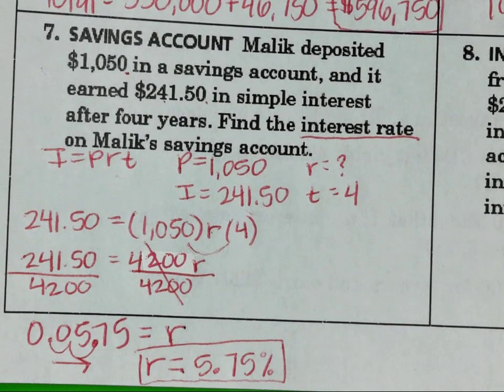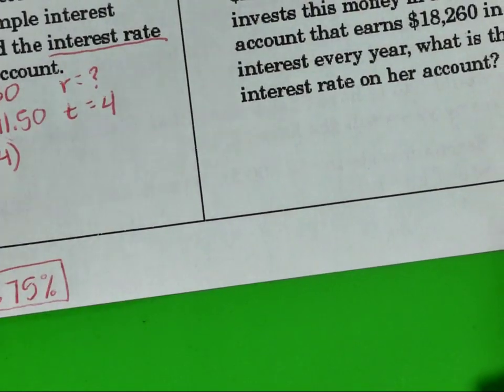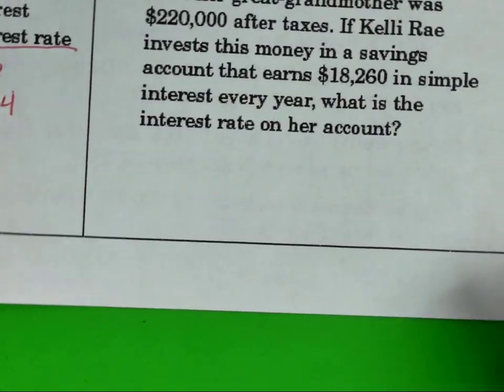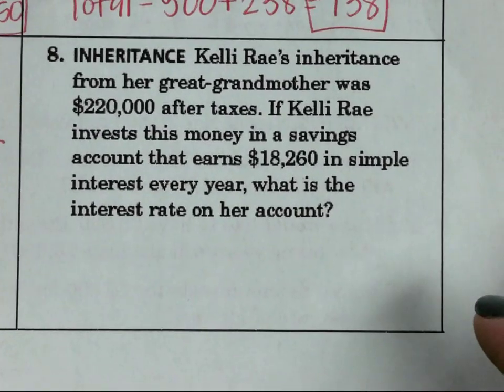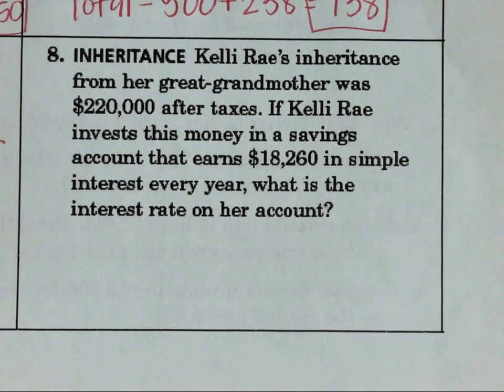Okay? So in number 8, we've got one more problem, guys. Number 8, it says that Kelly Ray's inheritance from her great-grandmother was $220,000. Wow. $220,000 after taxes.